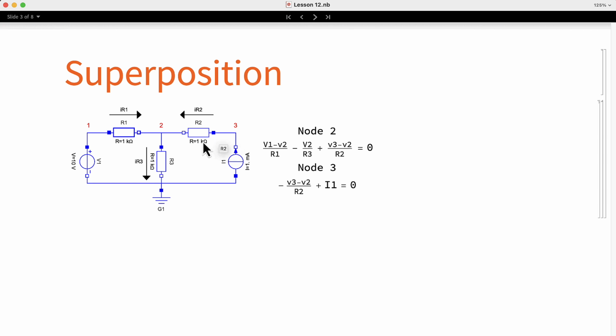The current of resistor 3 is exiting the node, and for resistor 2 we have the voltage of node 3 minus the voltage of node 2, and these are the three terms. For node 3, we have the current I1 of the source entering and the current of R2 exiting the node. So this is the contribution of the resistor, and this is the current source.